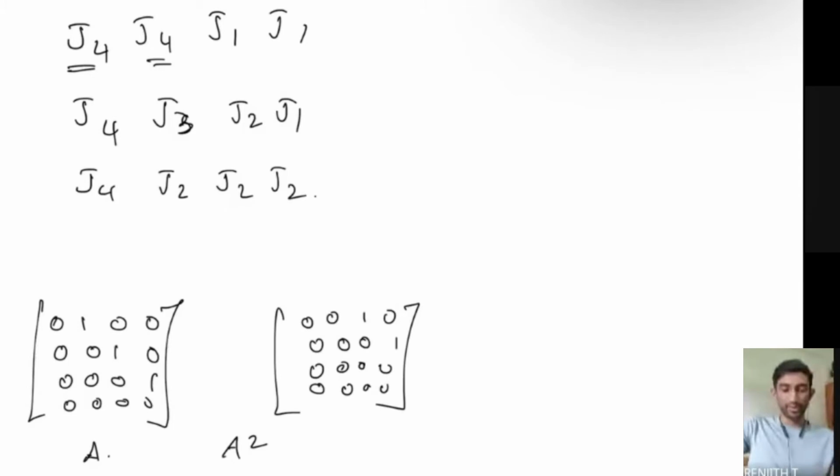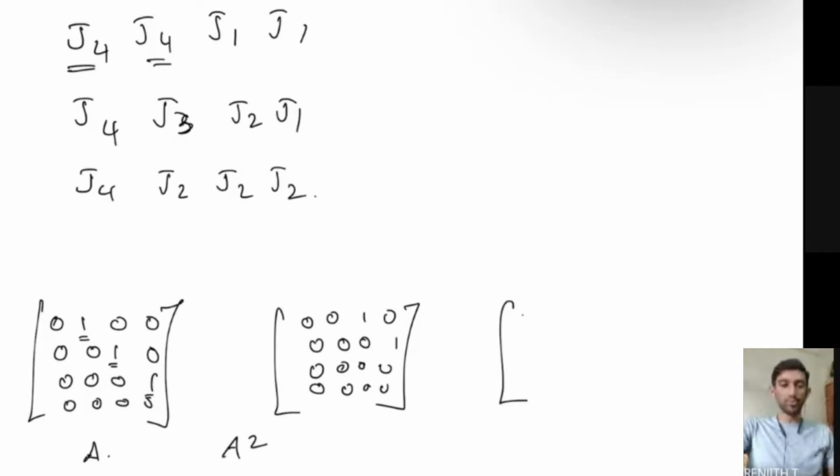If 1 is there in the diagonal, then in the square the elements will be one diagonal up. Just multiply this and verify yourself. If A is this matrix, then A square will have 1 in the diagonal one up, so the rank will be 1 less.